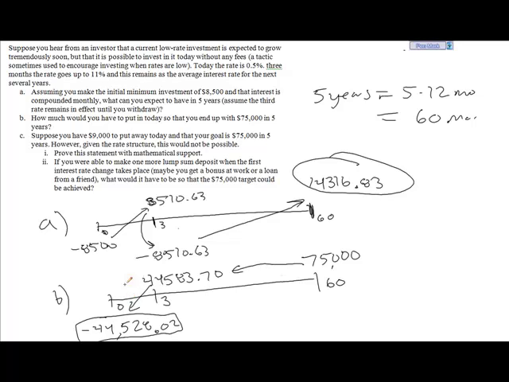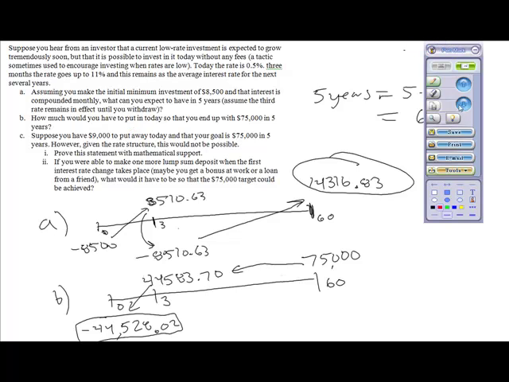In letter C, we want to find out if we were to put away $9,000 today and to have a goal of $75,000 in 5 years, under this rate structure, we're told that it's impossible. And we want to prove this statement with mathematical support.